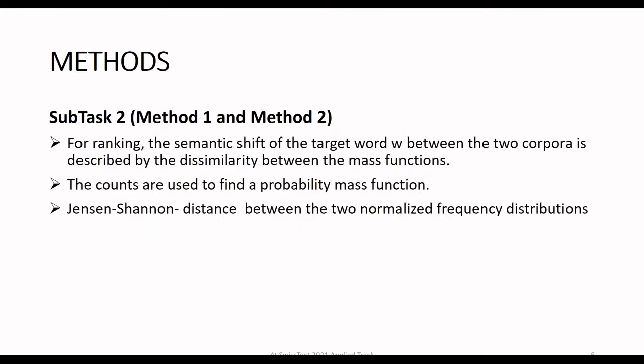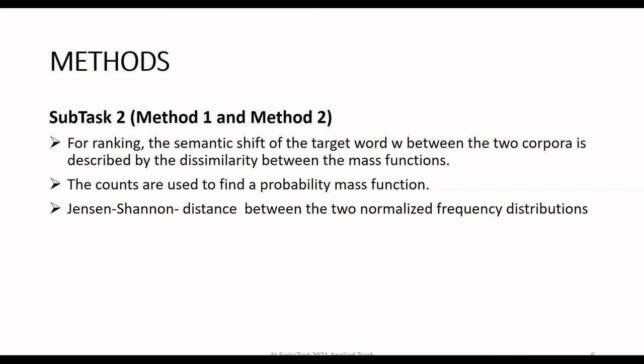Now for subtask 2, that is the ranking, for both method 1 and method 2, we used the same approach. We used the Jensen-Shannon distance to measure the differences in the probability mass functions between the frequency distributions obtained from the two corpora.